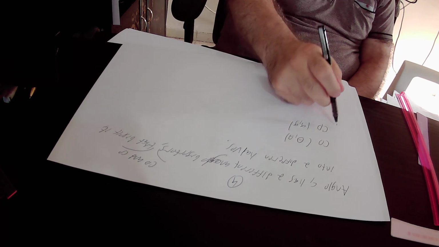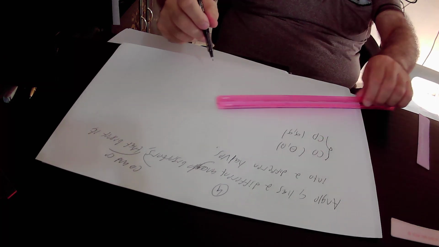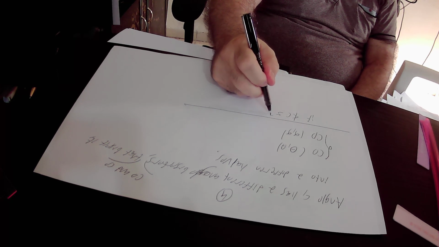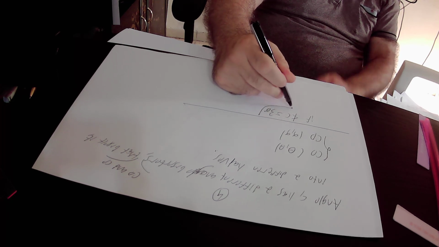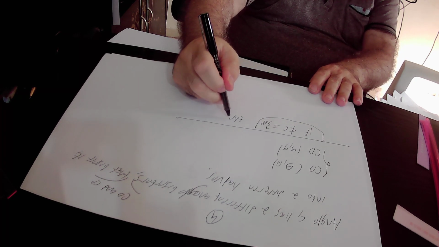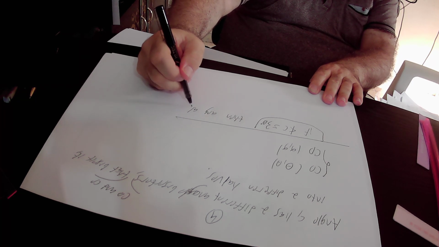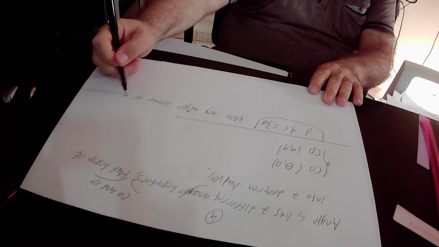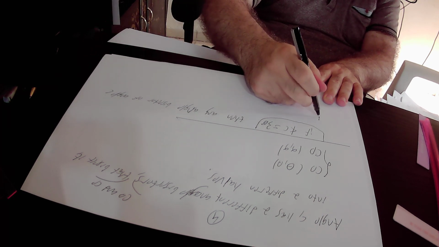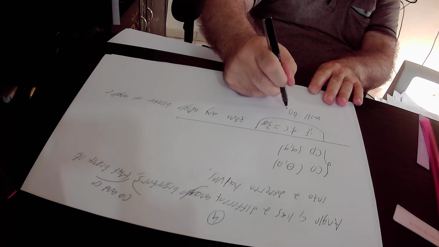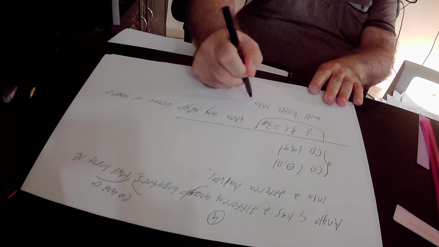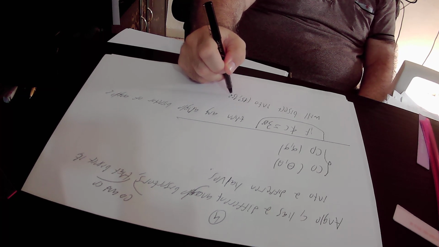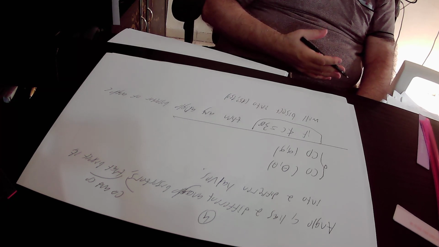And it is actually impossible. Why? Because if angle C is equal to 30 degrees, then any angle bisector of angle C will bisect it into two halves, that is 15 degrees and 15 degrees only, and not any other halves.